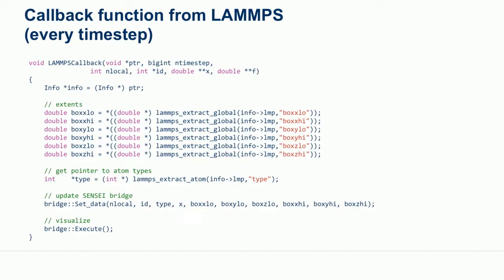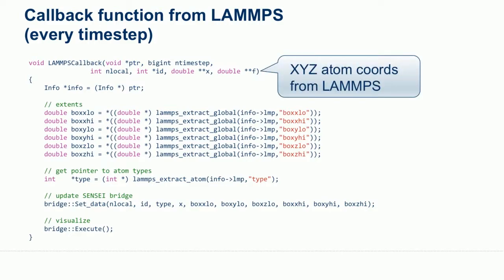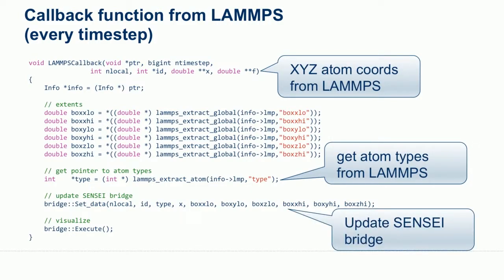Here we're going to just extract the bounds of the simulation. We're getting the atom types. And then we're going to pass all of this through SENSEI, set up the data adapter here, and execute. So LAMMPS is calling that every time it updates the simulation. So there you have it.